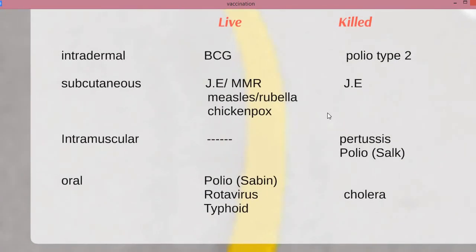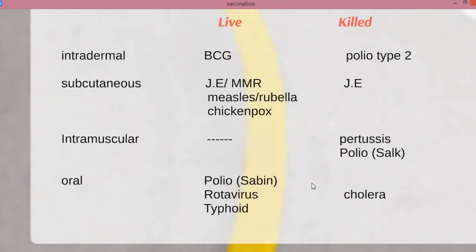There are no live intramuscular vaccines available, but there are killed intramuscular vaccines, and the vaccine against pertussis or the Salk type polio vaccine is a killed intramuscular vaccine.